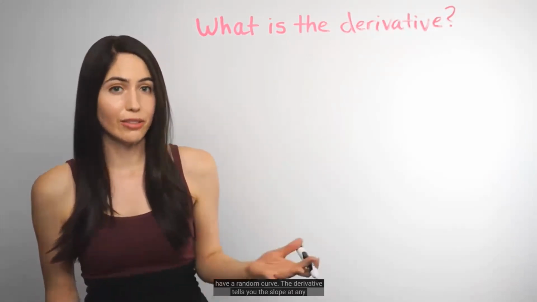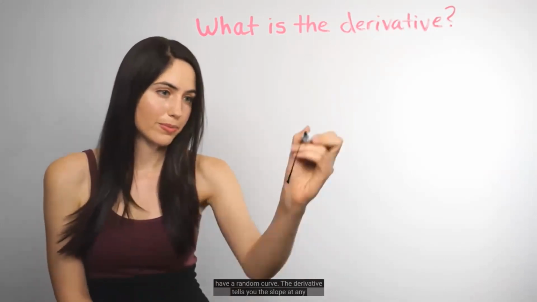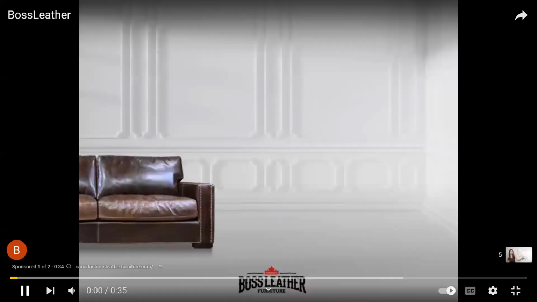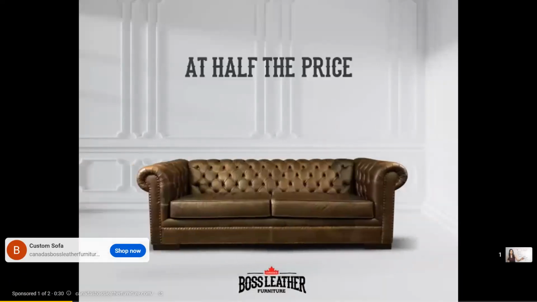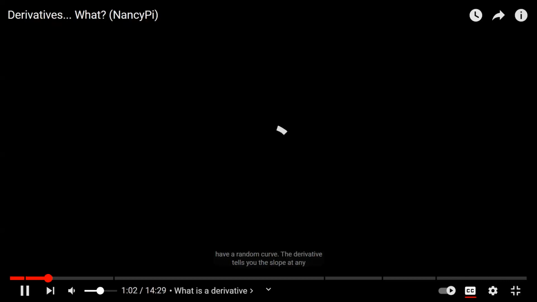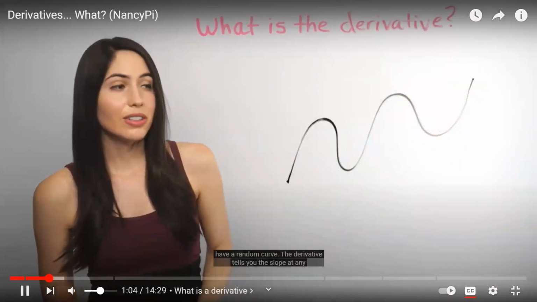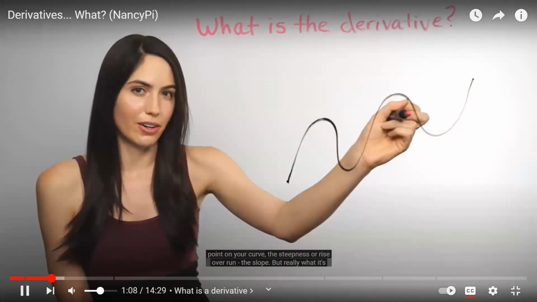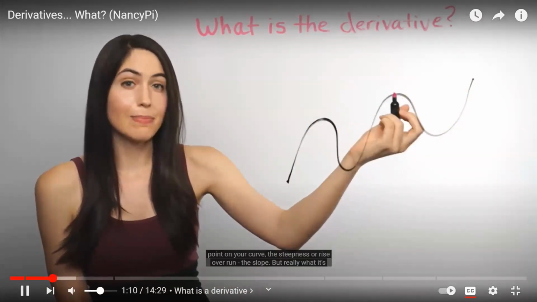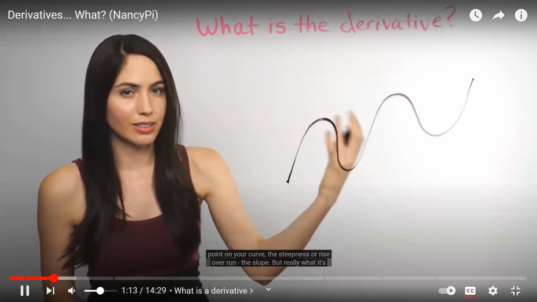But say you have a curve, a random curve. The derivative tells you the slope at any point on your curve. The steepness or rise of the line is slope.